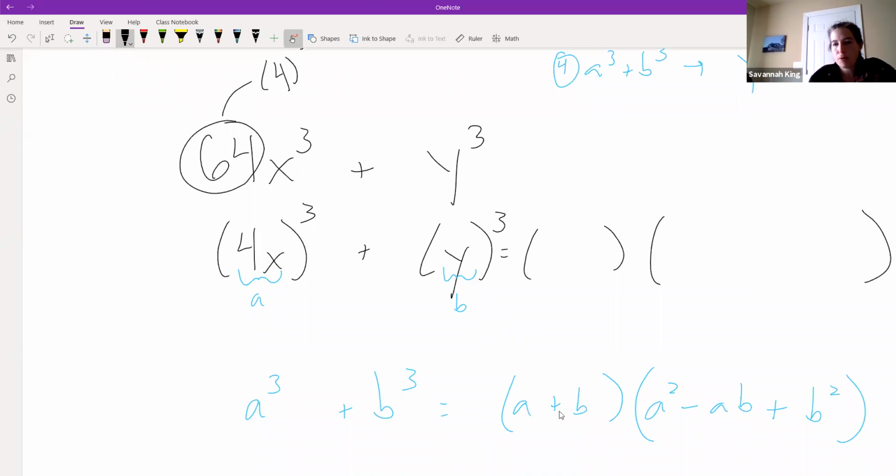The a plus b part, that's pretty simple. That's just 4x plus y. But then it gets a little weird, and for clarity, I'm having to do an a squared there, so little parentheses in there, minus an a times a b.